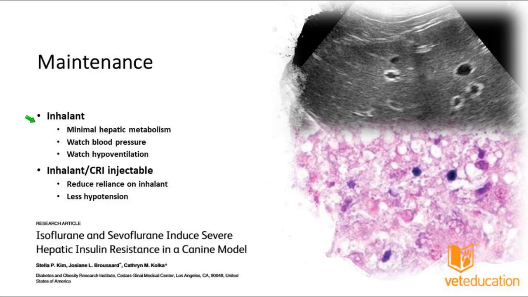What about for maintenance? Well, most inhalant drugs like isoflurane, sevoflurane and so on have got minimal liver metabolism, but you do need to watch the blood pressure, and at higher doses they can hypoventilate as well. In fact, there was an interesting study looking at isoflurane and sevoflurane that induced severe liver insulin resistance in a canine model.